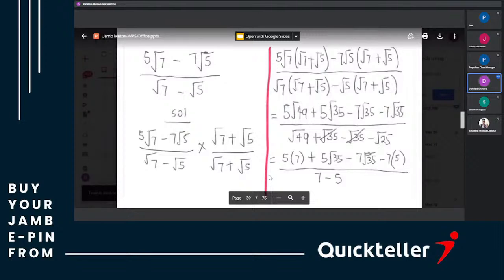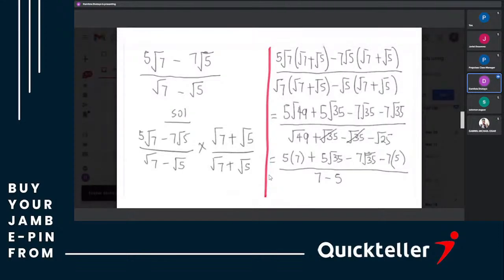Then the last one, minus 7 root 5 times root 5. Wow, I made a mistake here. It is meant to give root 25, because it's 5 times 5, but my working thereafter was still correct.